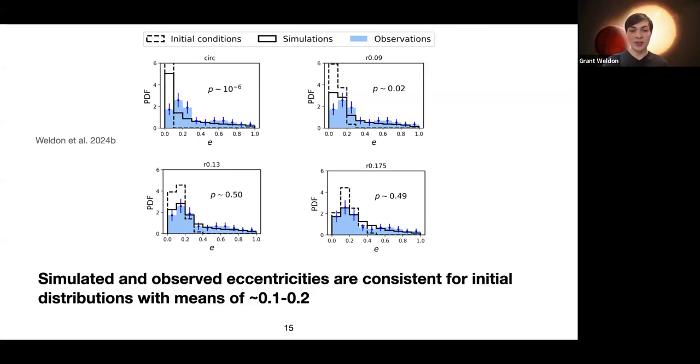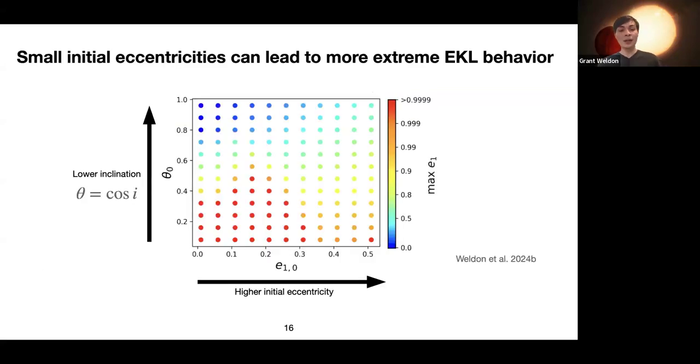Our general conclusion is that the simulated and observed eccentricity distributions at the present day are consistent for initial distributions from scattering, for instance, with means of about 0.1 to 0.2. So you need some initial eccentricity to do this. Now, what I want to highlight is that we're not just changing the initial conditions.